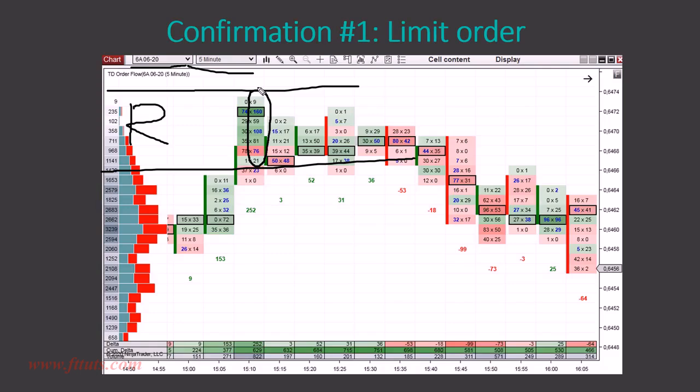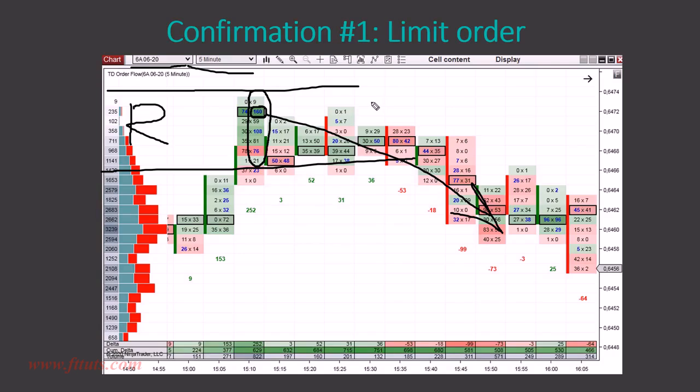You want to see a big number, unusually big number, on the ask side. This is the number, this is the unusually big number. As soon as this appears, those 160 contracts, you go short. That's your confirmation. This is most likely a selling limit order of somebody big. Alright, so that's the confirmation number 1.